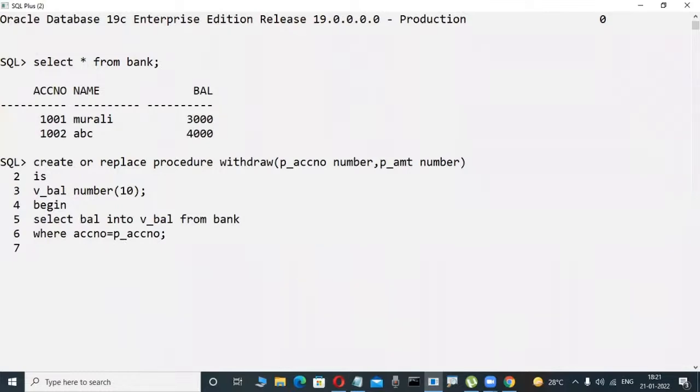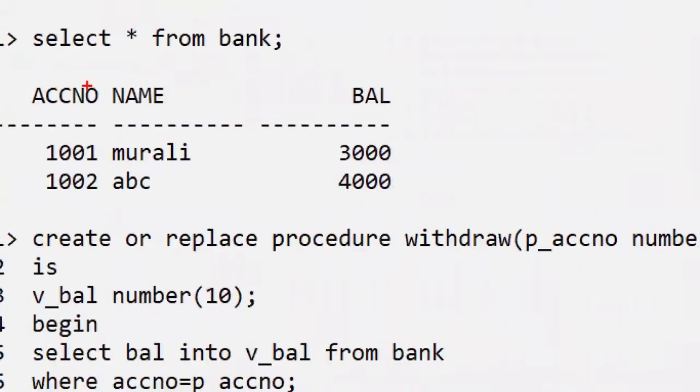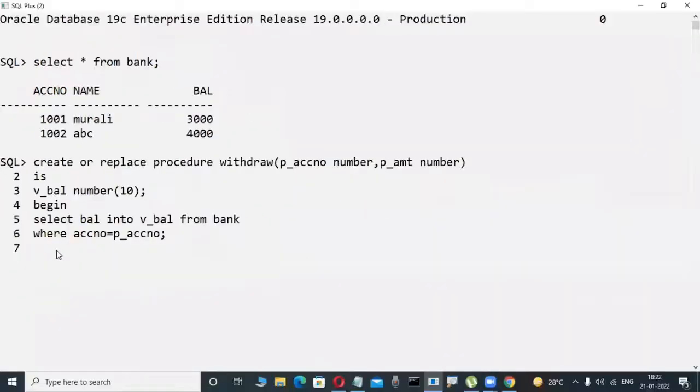Suppose bank is a table, in table format, where your transactions are stored. I'm using this table in this PL/SQL code. Here I'm checking the balance through the account number, whenever I insert an ATM card and try to withdraw 9,000 as in the previous case. That is the amount.